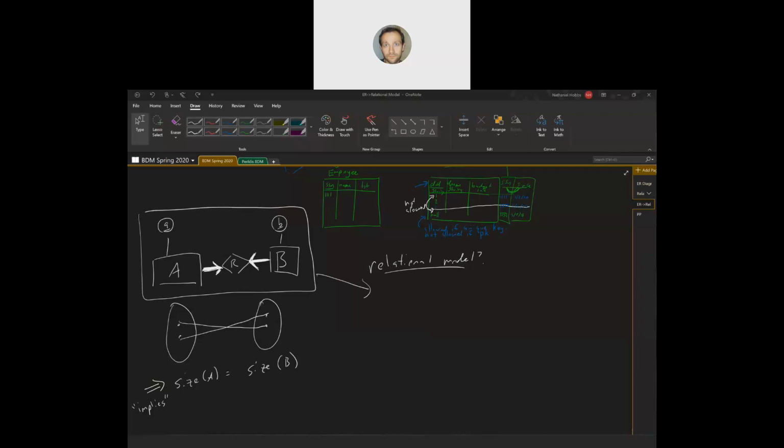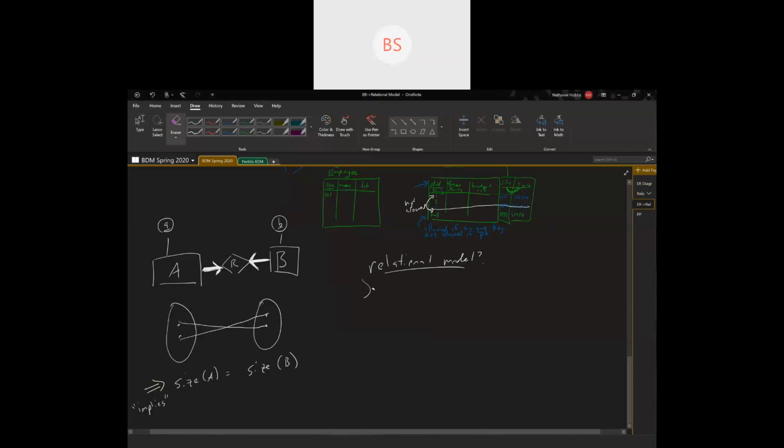Can you just make, I guess that's them, have the same primary key? Brian, do you have a mic? Can you hear me? Yes. I don't know if this is right, but can you just make them have the same exact primary key, so that if you have an employee table and then you have your department table.